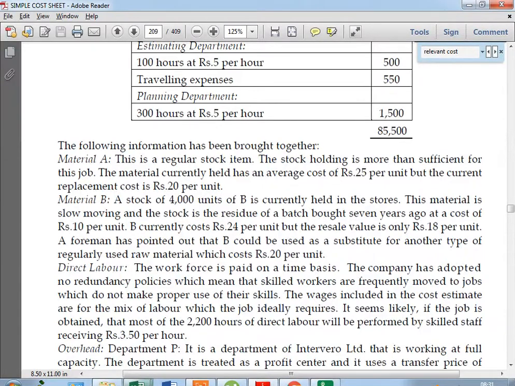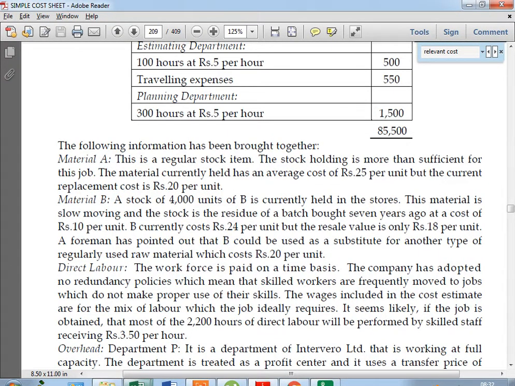What is the relevant cost? Please participate. We have done this adjustment. They are moved from jobs which do not make proper use of the skills, which indicates they are idle. No redundancy means you will not terminate them. You will continue to keep the people in the company. The relevant cost is 0.